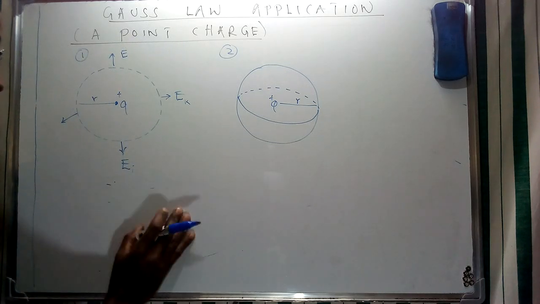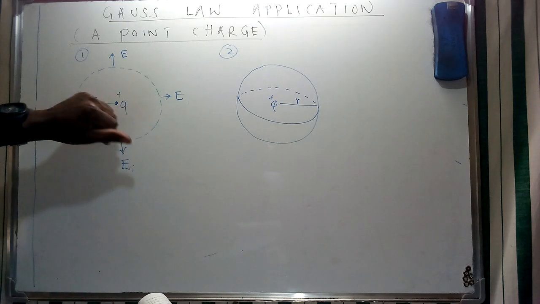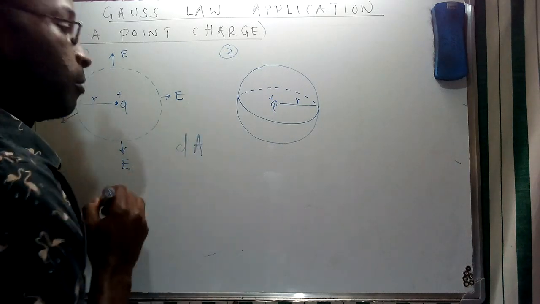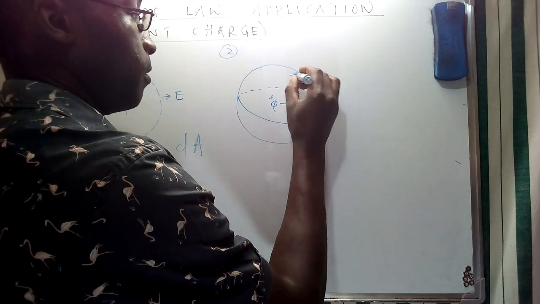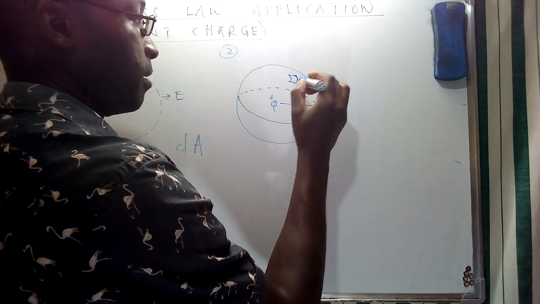That having been said, we can note that everywhere on this surface we have the area vector that we gave as dA, the second part of which is going to be essential for us. Suppose we have an area vector dA on this spherical Gaussian surface.